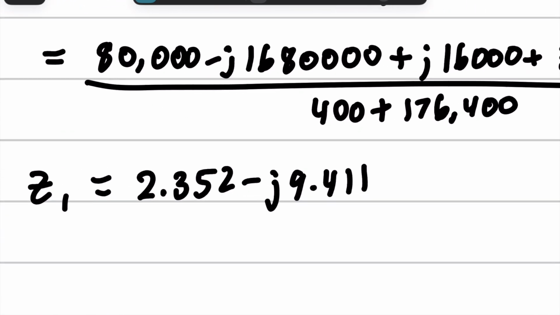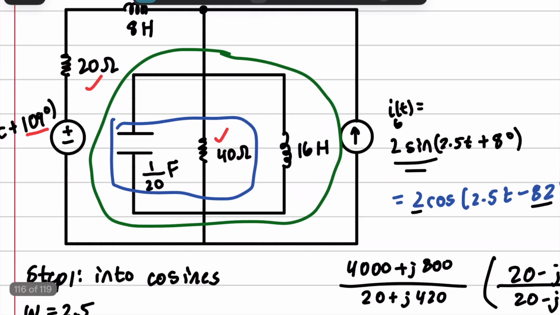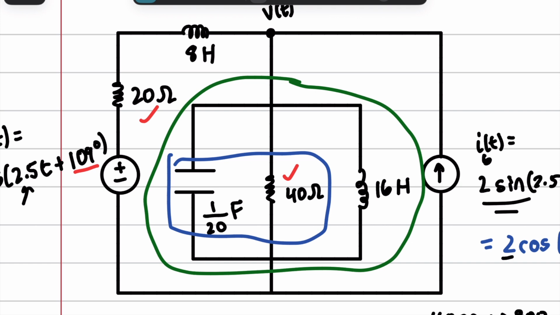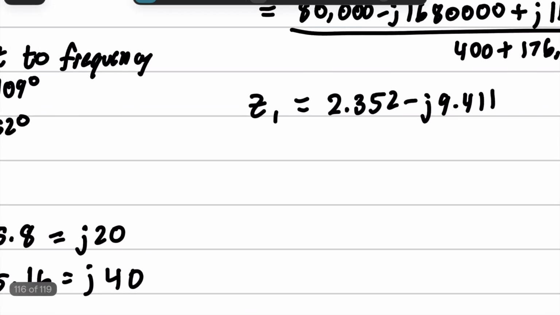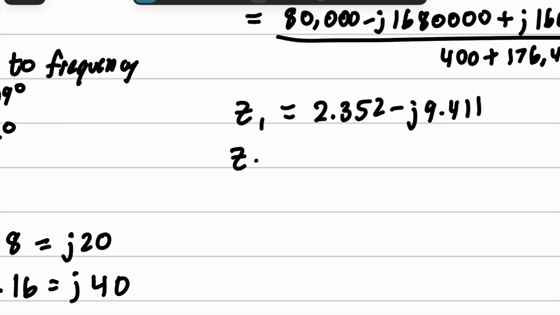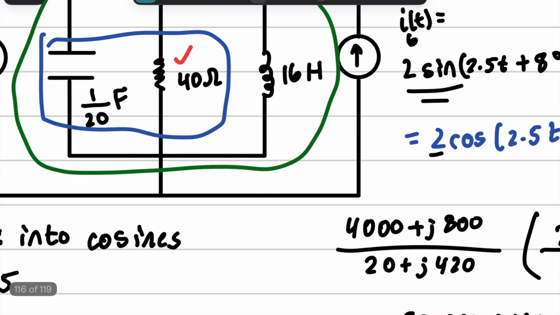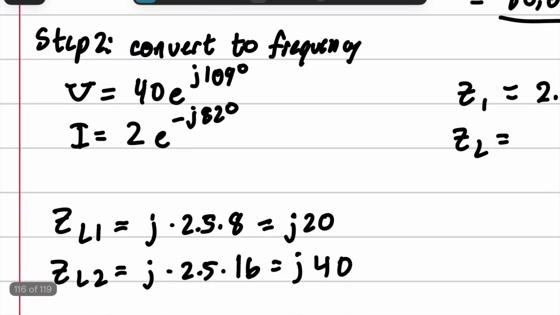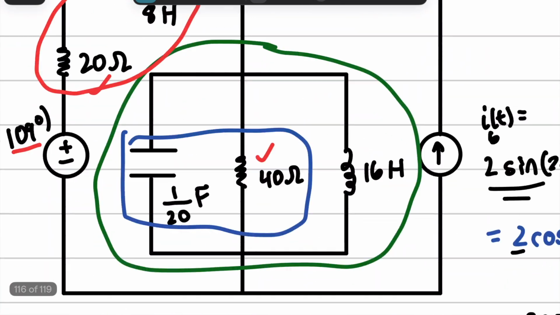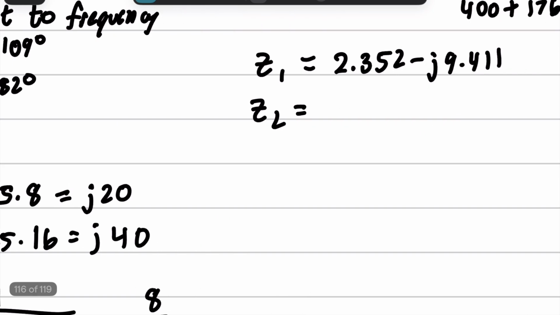And so that's that for the middle simplification. But that's only part of the problem. We have another portion that we can simplify, but thankfully this one is very easy. That one is going to be Z2, and Z2 is comprised of R1 and L1. So it's just going to be 20 plus J20.